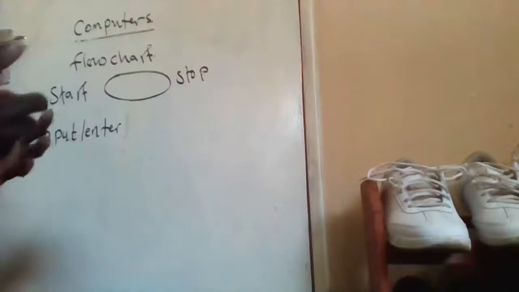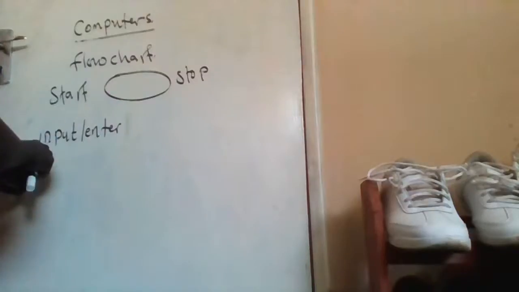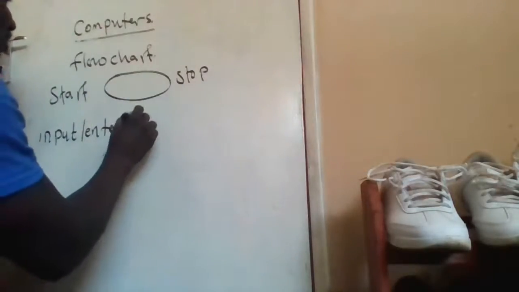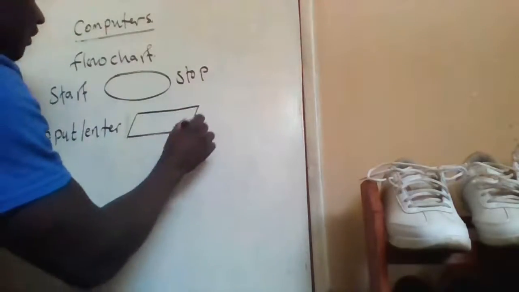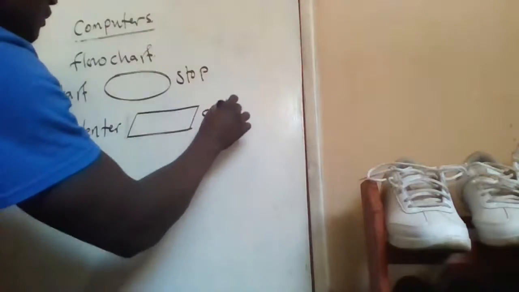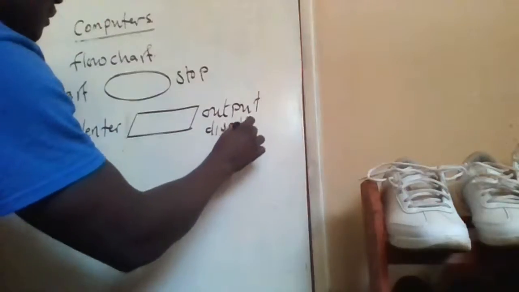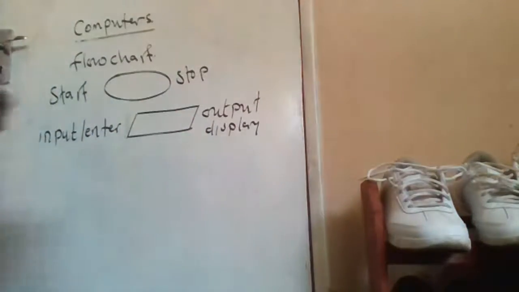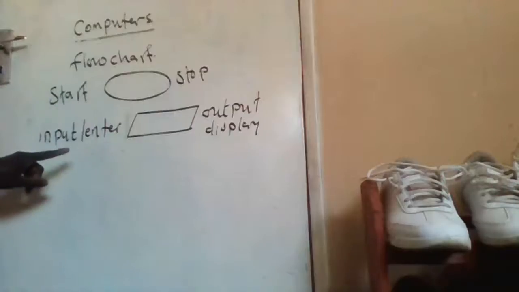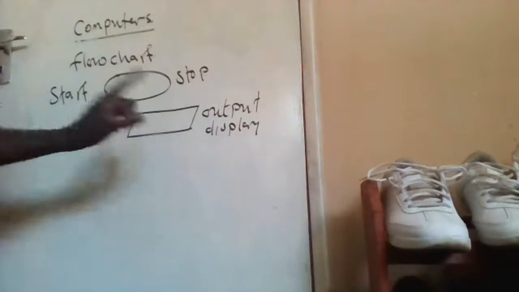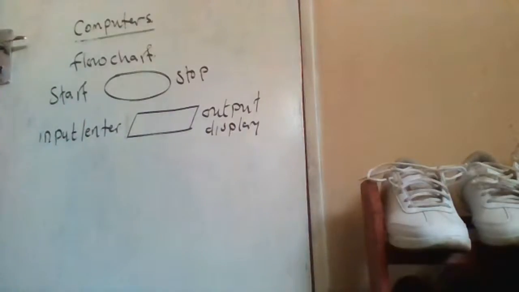Because the same screen that we're using for inputting is also the same that we're using for seeing, displaying what is coming out of the computer, we use the same shape for output as well as display. So in the pseudocode, when they mention the word enter, input, display, output, this is the shape that we must focus on. So this was one, this was two.